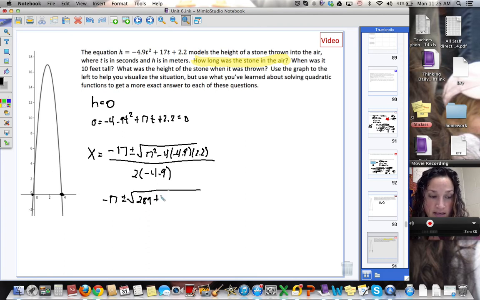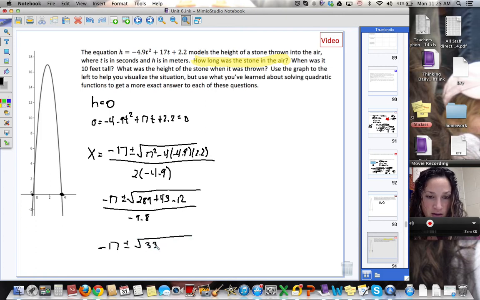So I'm going to add this to 43.12 all over negative 9.8. So then 289 plus what, 43.12. Could have probably done that one in my head. Oh well. Negative 17 plus or minus the square root of 332.12 all over negative 9.8.